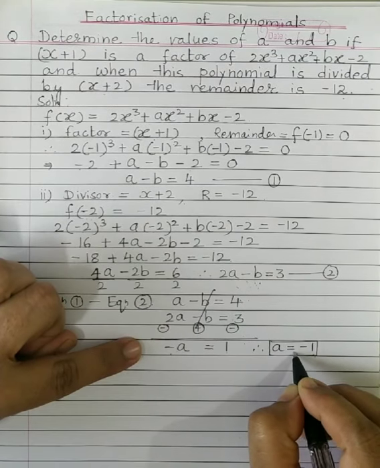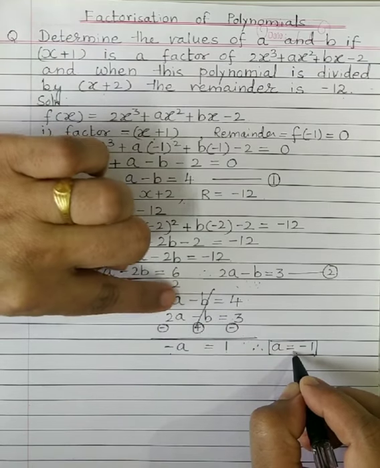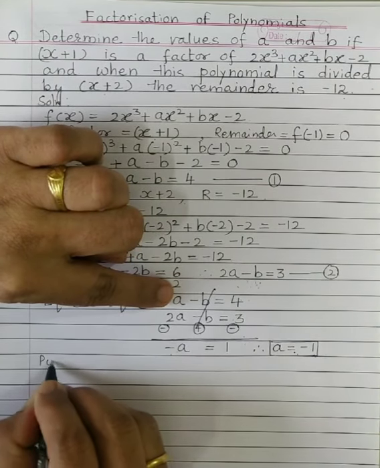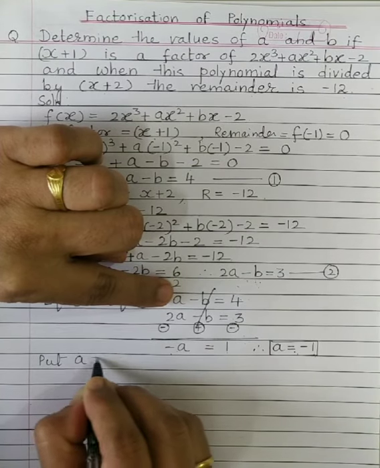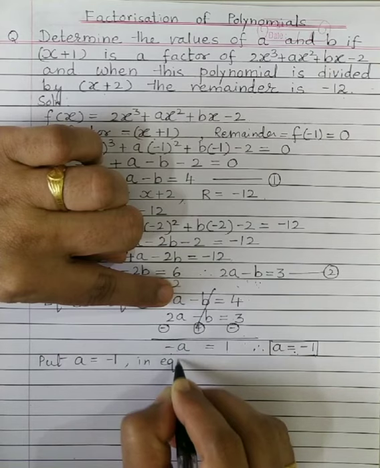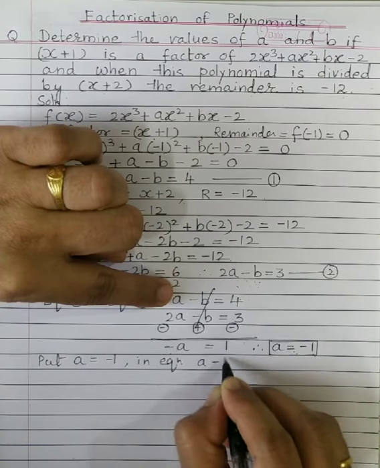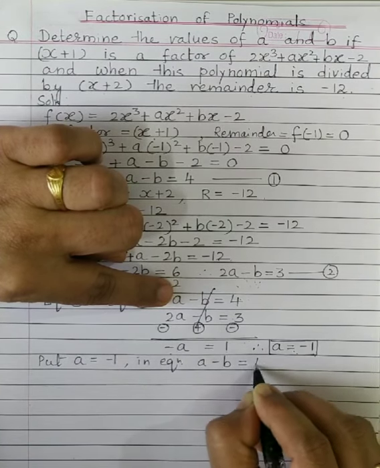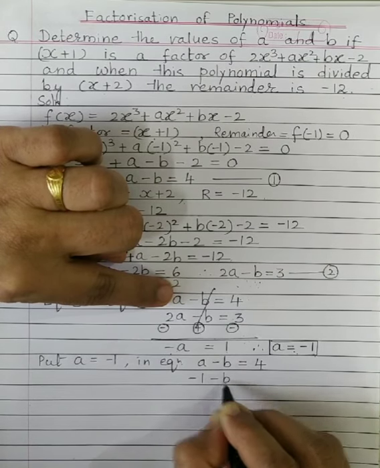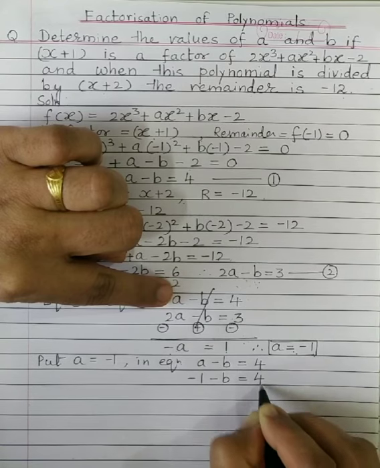Now substituting the value of a, say in equation 1, you can find the value of b also. So put a equals minus 1 in equation 1. What is the equation? A minus b is equal to 4. So a is minus 1, minus 1 minus b equals 4.